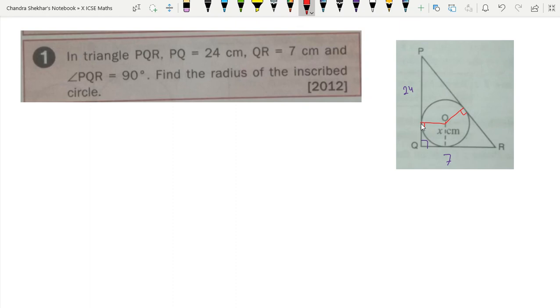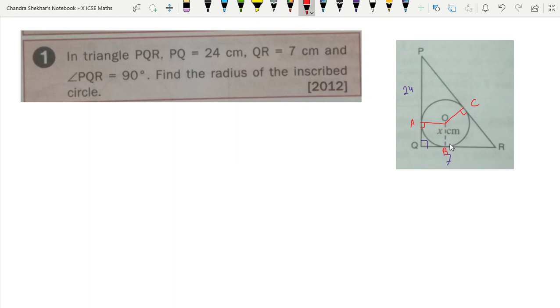Once we can prove this, let it be intersecting somewhere. We have PQR, we can take it as ABCD, say this is A, this is B, and say this is C, for example. It is already given as O here.